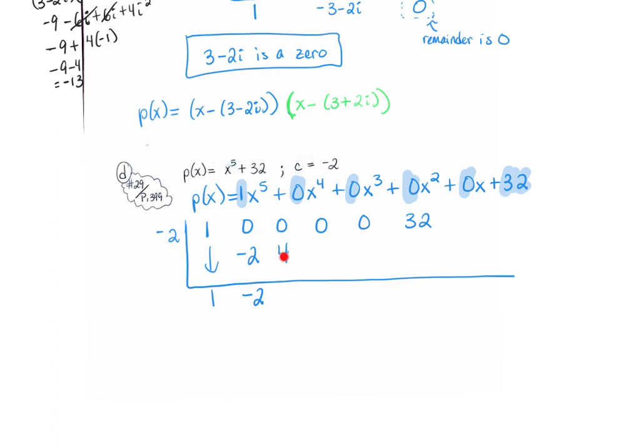Then you add 0 plus 4 to get 4. 4 times -2 is -8. -8 plus 0 is -8. -8 times -2 is 16. 16 plus 0 is 16. 16 times -2 is -32. 32 plus minus 32 is 0. 0 is our what? It's our remainder.